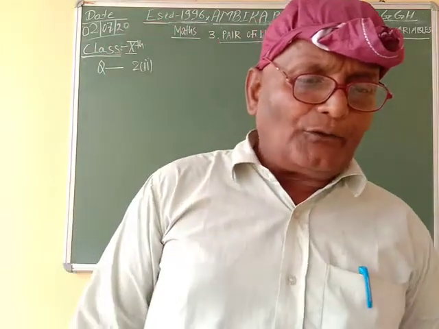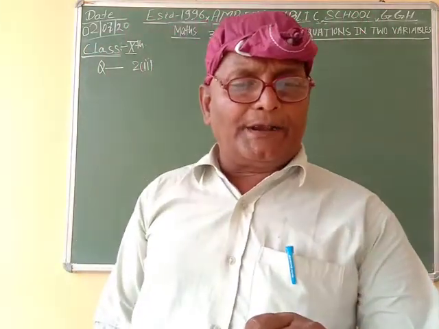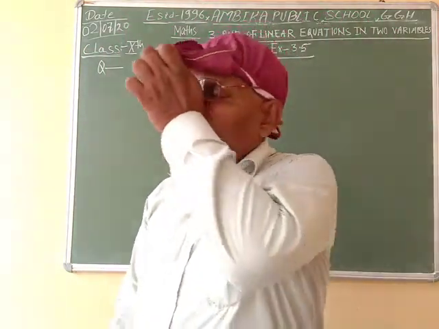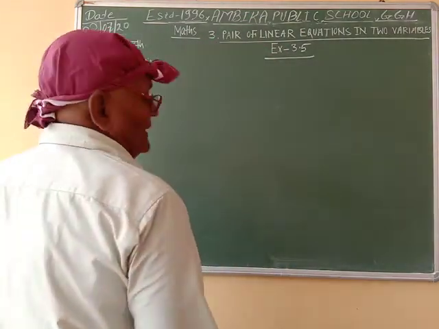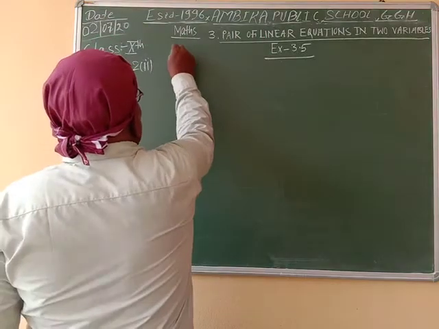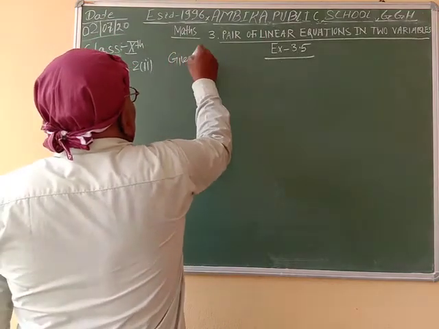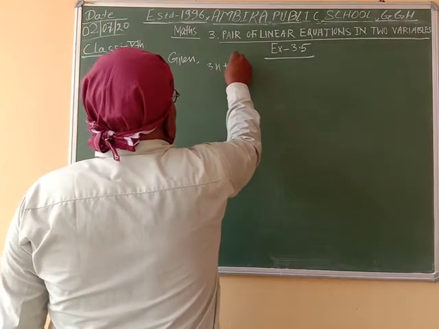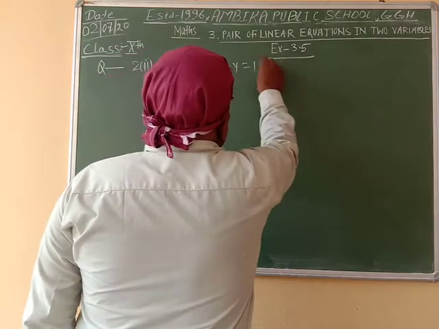For which value of k will the following pair of linear equations have no solution? The equation is 3x plus y is equal to 1. Given 3x plus y is equal to 1, equation number 1.